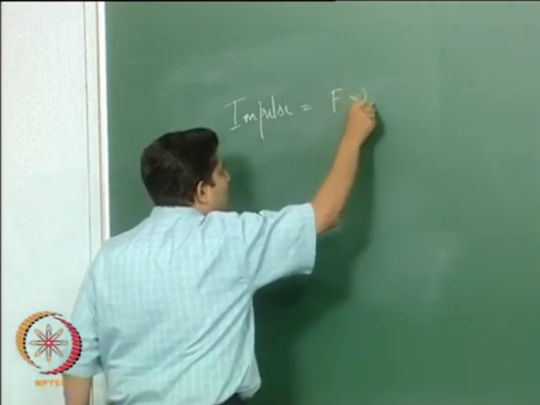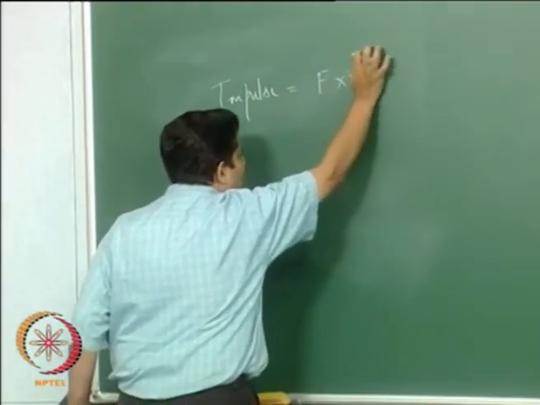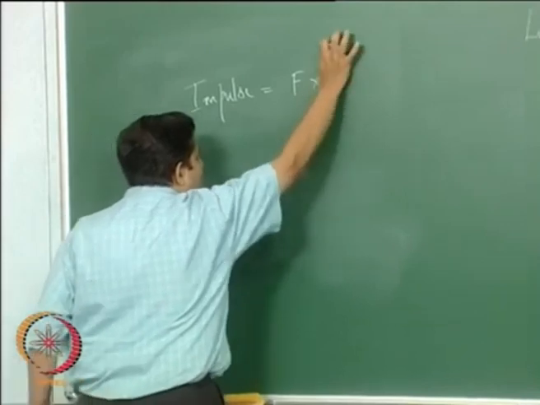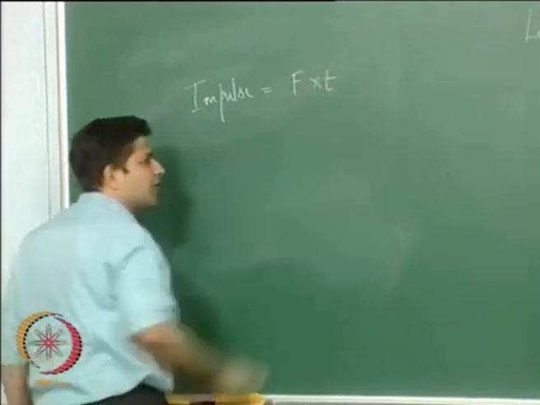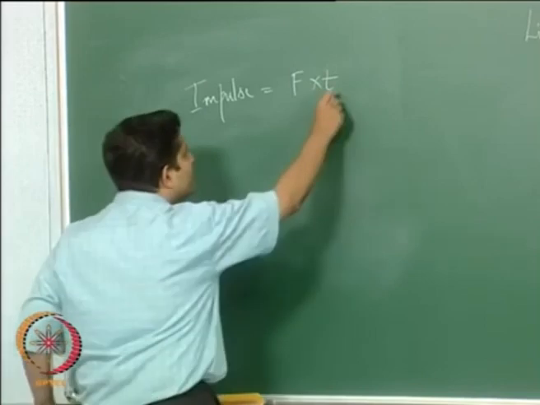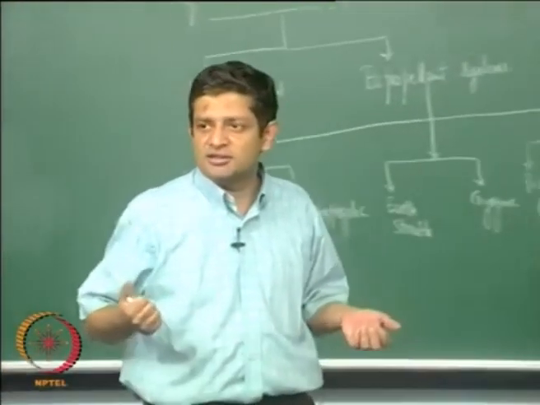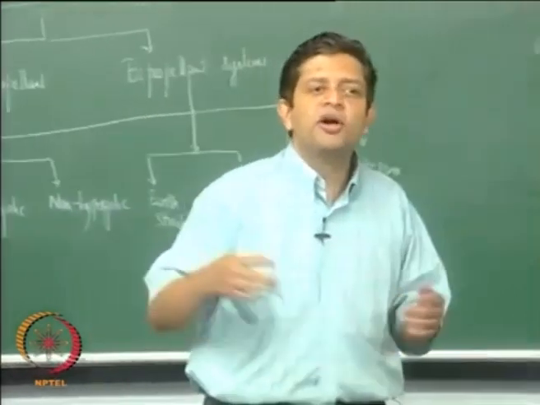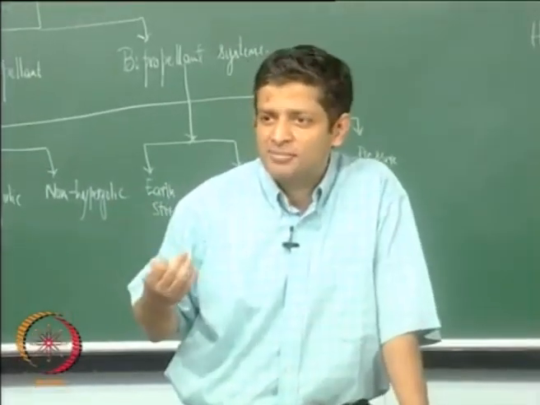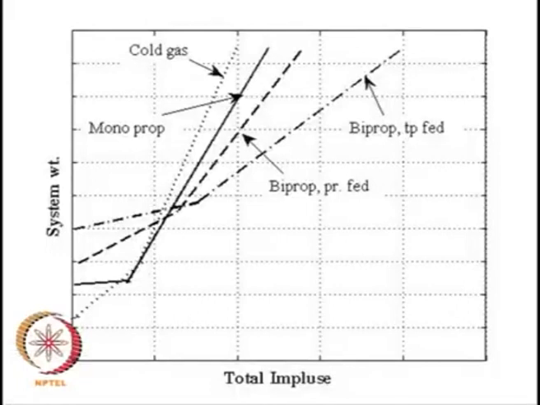F into operational time, okay, or T burn. So either if you have a very large thrust, or if you want to have the operation for a very long time, right, then your impulse becomes larger.